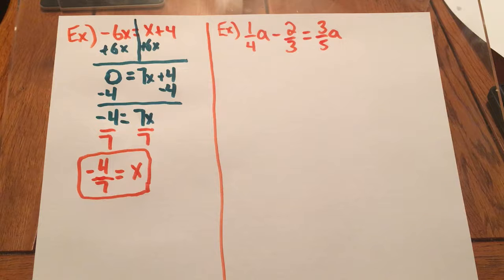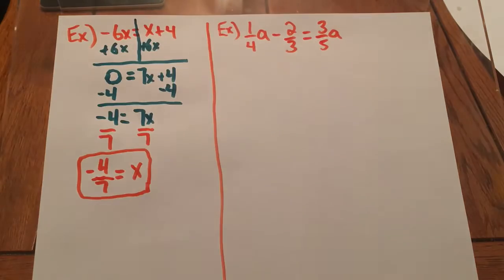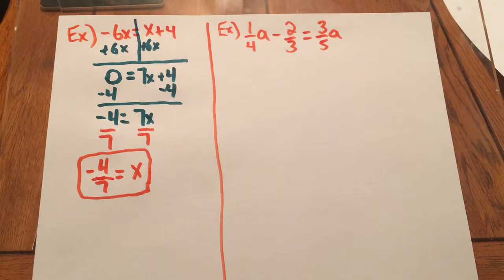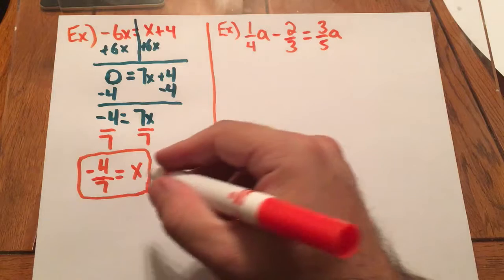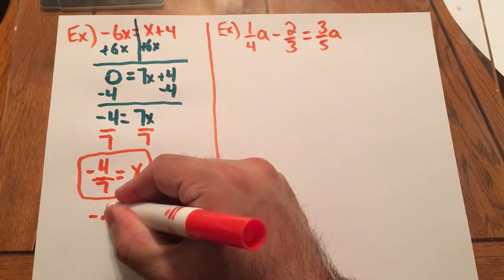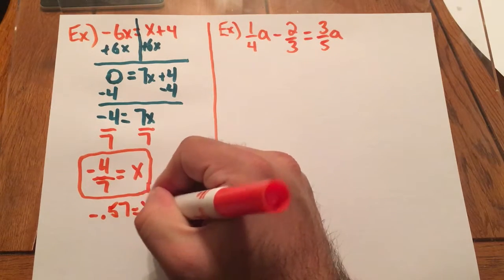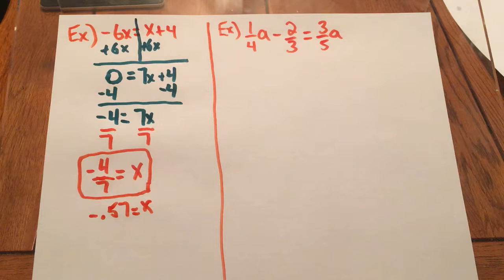If, by any chance, though, they want you to write it as a decimal, you'd have to go to your handy-dandy graphing calculator, type in 4 divided by 7, and you would get negative 0.57 is equal to x. So if they wanted you to write it as a decimal, that would be the decimal version. Two different ways to write the same answer.